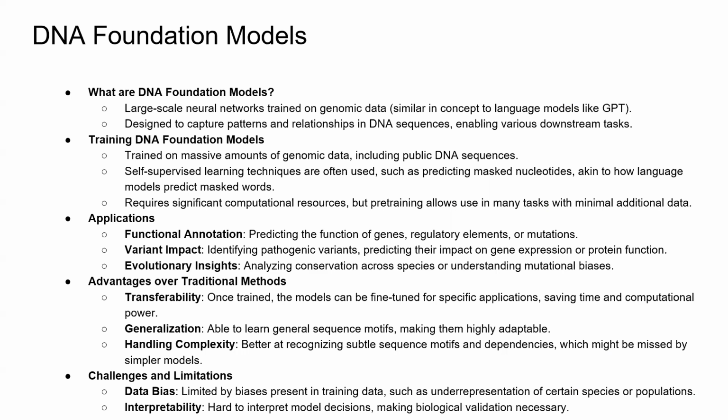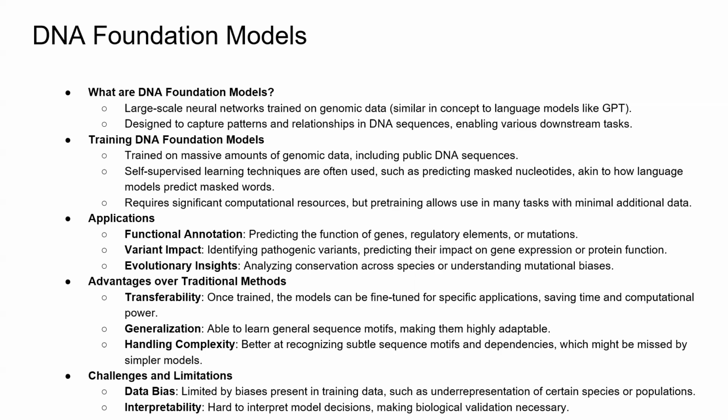These are very large networks trained on a huge corpus of data. Generally they're trained by looking at a DNA sequence, masking out certain nucleotides or strings of nucleotides like k-mers, and then trying to predict what the masked out sequences were.